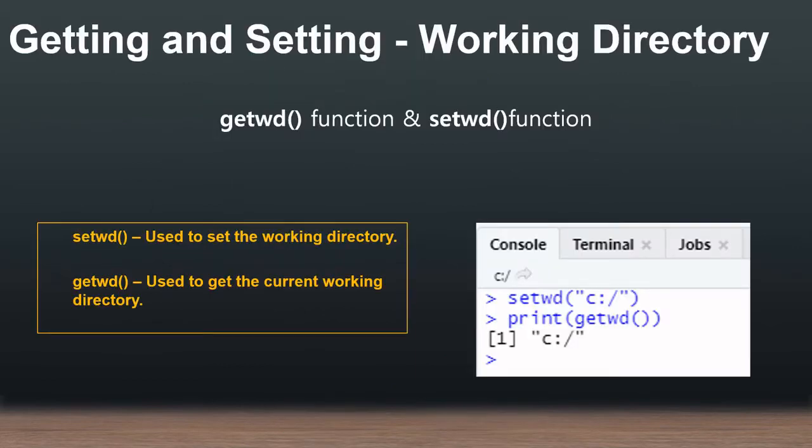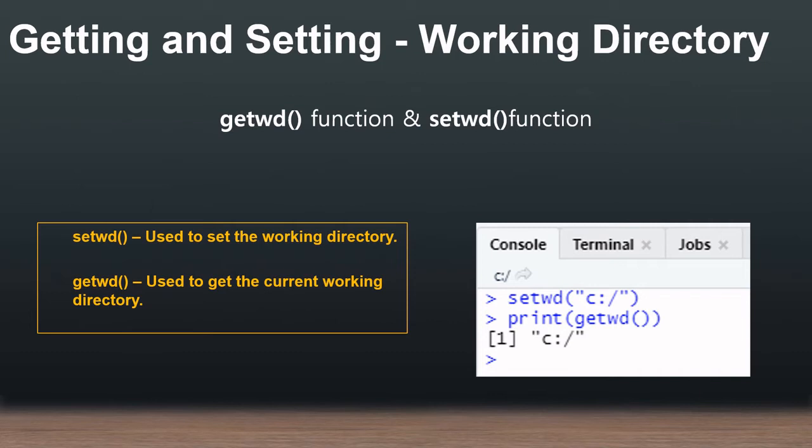Before I start handling the file, a very important thing is the location of the file: in which location we are going to create the file, or your program is going to retrieve the file. So the most important thing is to know in which working directory the file is, or in which working directory you want to create your file.